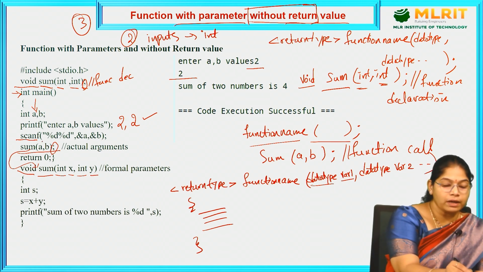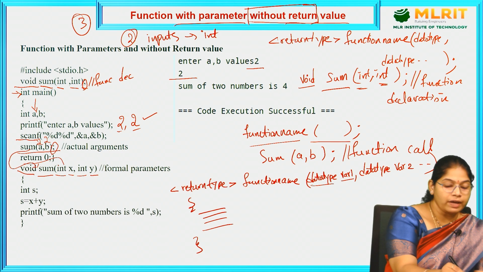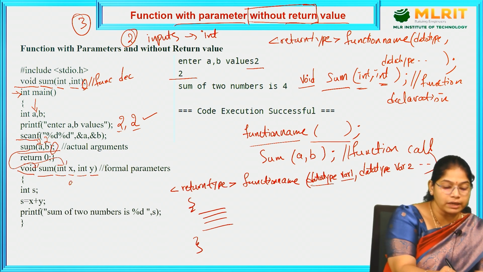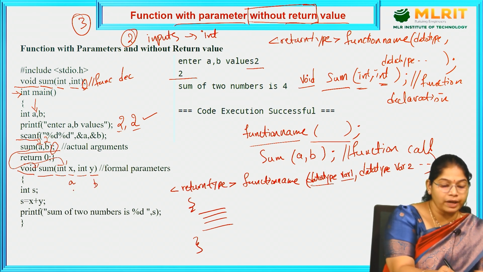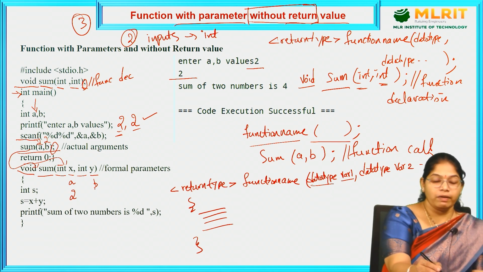So here a value is 2 and b value is 2 because we provided them. Obviously when the control goes to the function definition, int x, x is nothing but a and y is nothing but b. Then what is the value of x? x is the a value, 2. And y is the b value, 2.